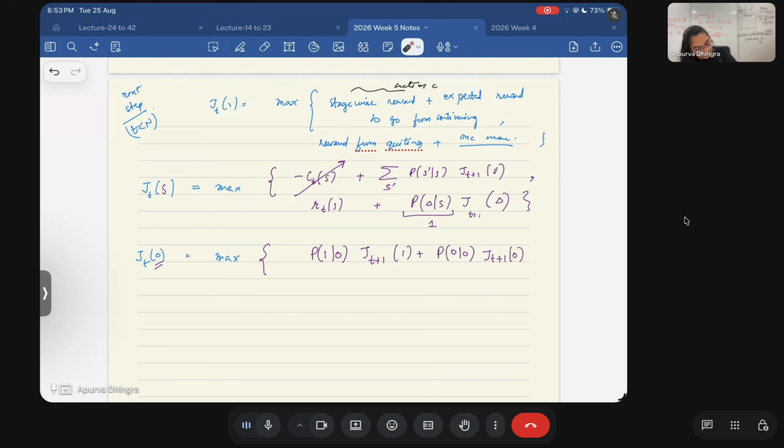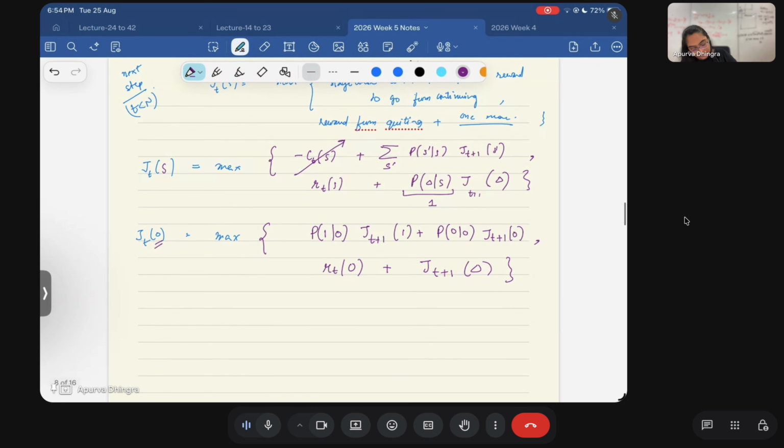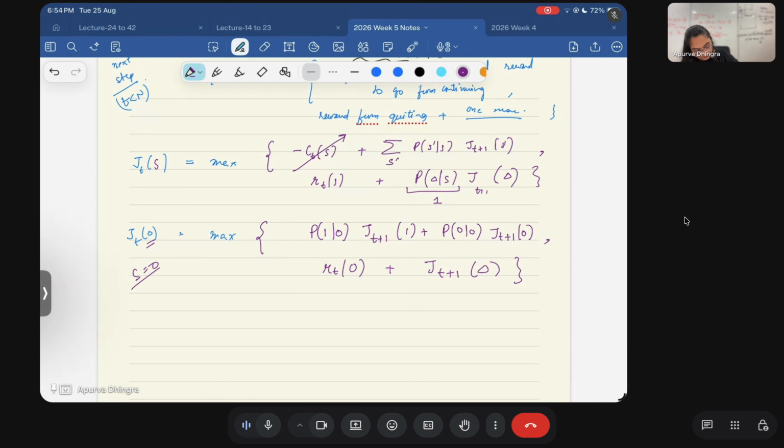This is this object versus R t of s. R t of s is R t of 0 plus this is 1. This is just J t plus 1 of delta. This is when the state is s equal to 0.